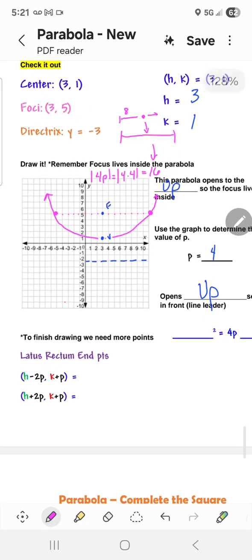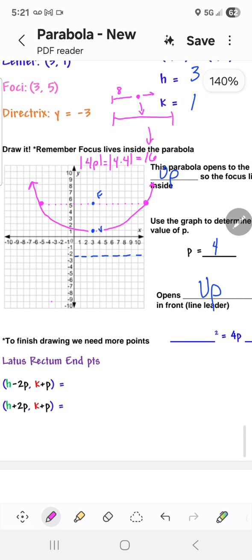All right, let's take a look. What was H? H was 3 minus 2 times P, which is 4, comma, K is 1 plus P, which is 4. So I get 3 minus 2 times 4, which is 8. 3 minus 8 is negative 5.